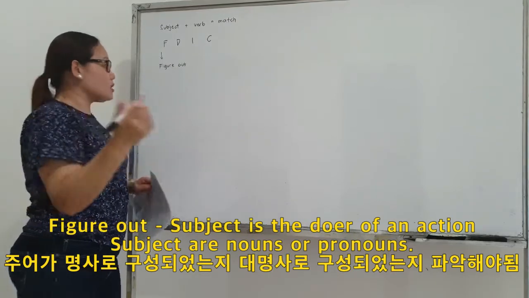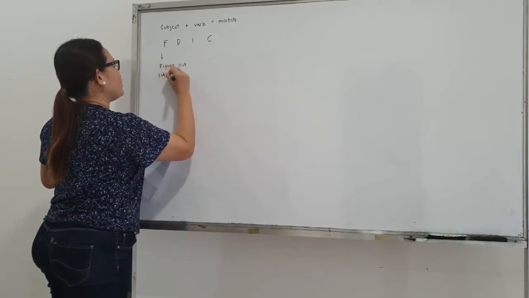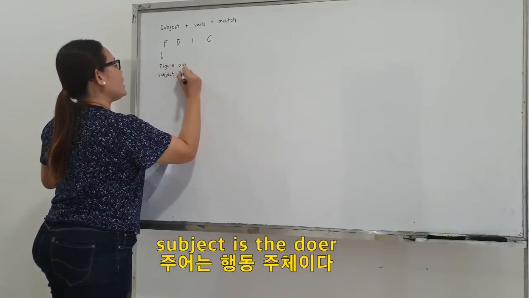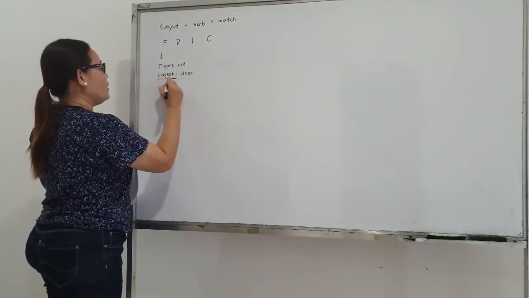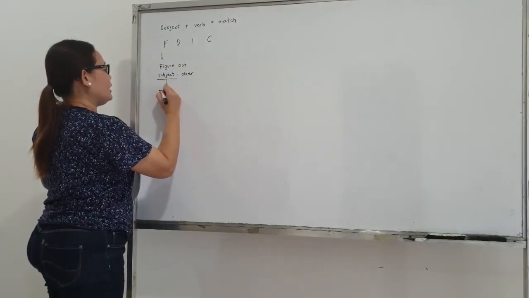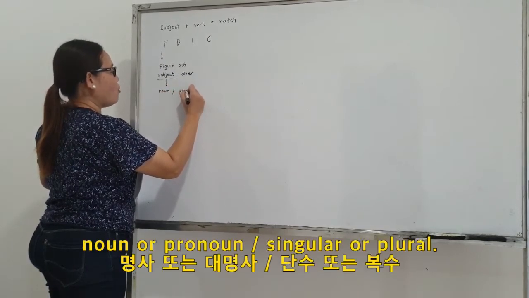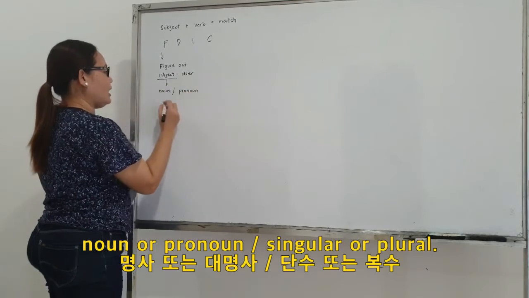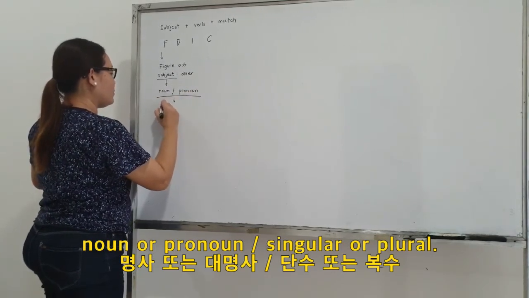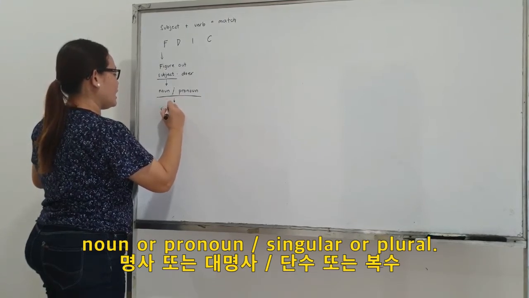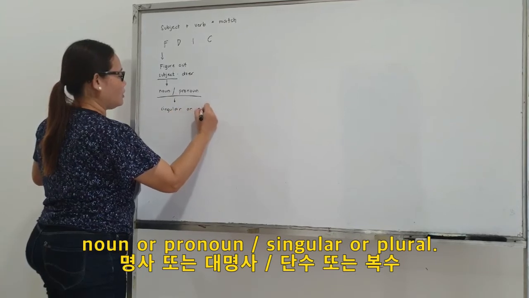Okay, so when we say subject, do you still remember your lesson before? Subject is the doer. Okay, so always remember when it comes to subject, it is either a noun or a pronoun. Okay, and again, either a noun or a pronoun, and it's either singular or plural.